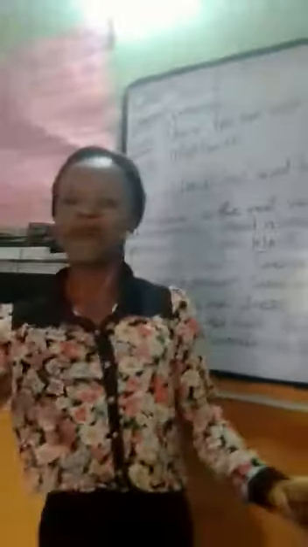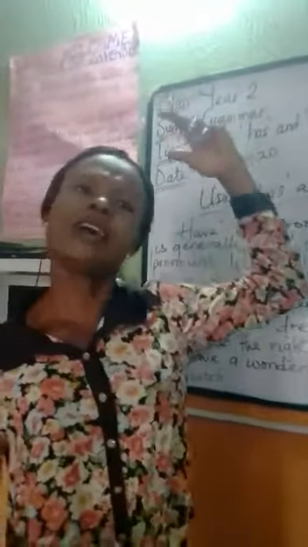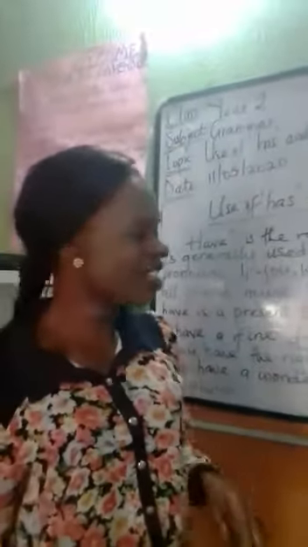And also we use have and has with the past participle form of a verb in the present perfect tense. What do I mean by past participle? For instance, she has eaten the food. She has eaten the food for the past 3 hours.